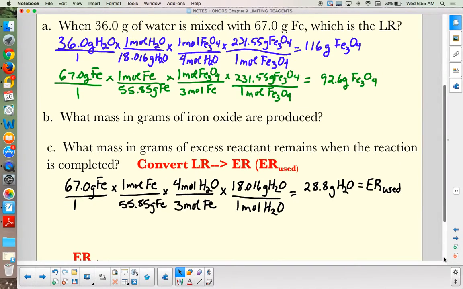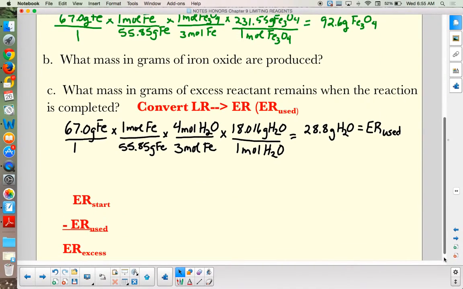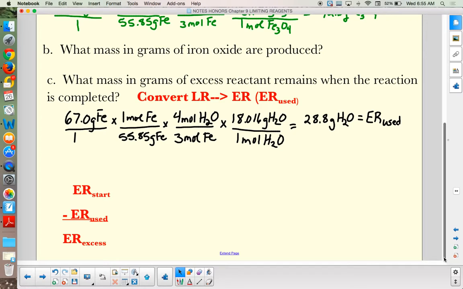So here's the calculation. If you take your limiting reagent, which was the iron, and we convert it to the excess reagent, which is the water, this is how much water will actually get used.